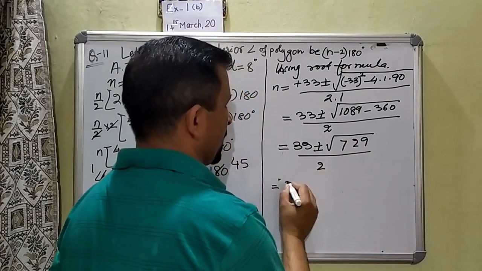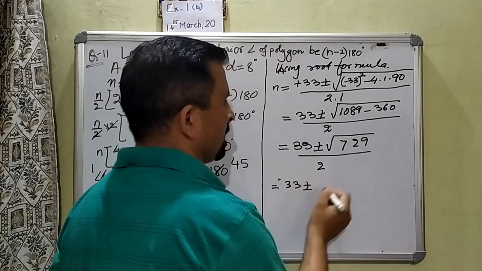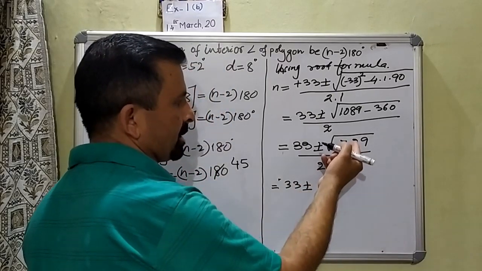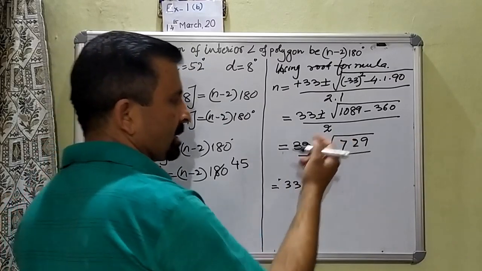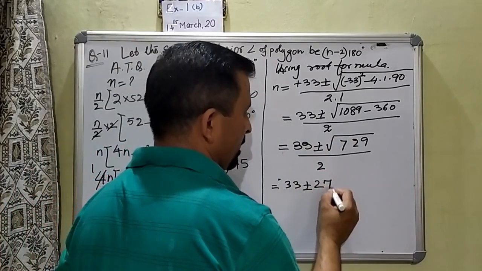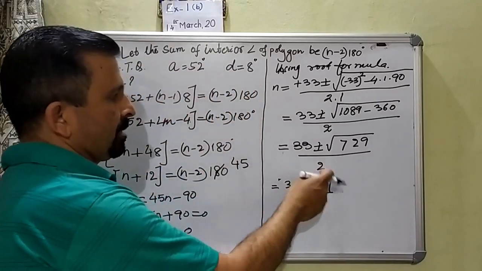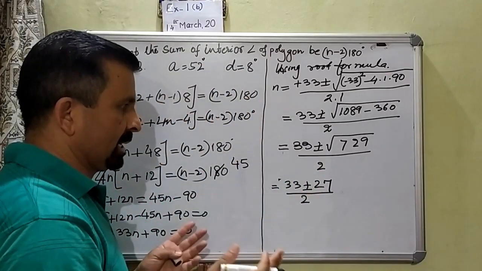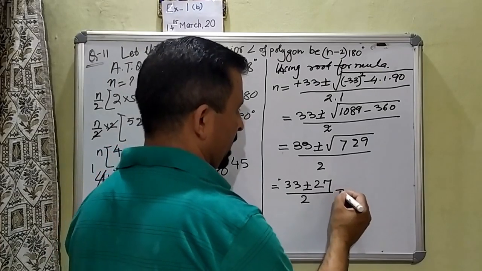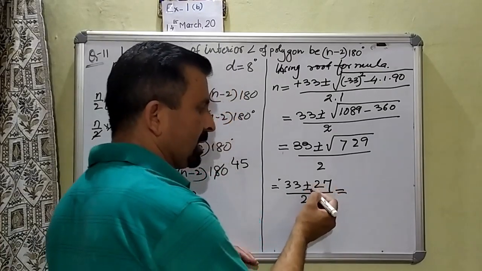This is further 33 plus minus the square root of 729. 729 is a perfect square number and its square root is 27. So we write here 27 divided by 2. Finally this root is simplified. Now from here we can separate the two answers: one answer will be with the plus sign, another answer will be with the minus sign.